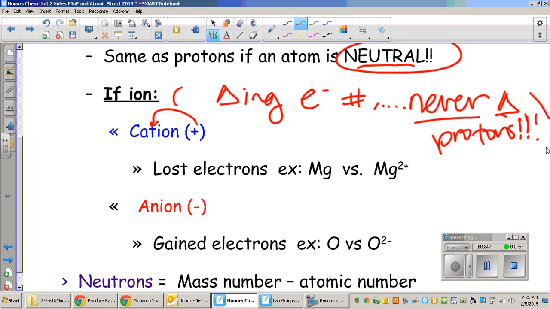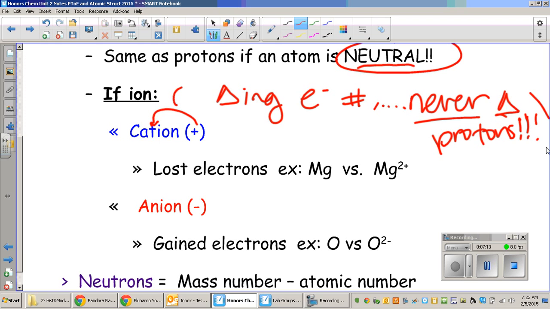You can never change protons, because if I say I have zinc and you told me zinc has 30 protons, and you go, oh, I just want to take one of those protons. You take one, we're down to 29 protons. We're no longer zinc. Who are we if we have 29 protons? Copper, right? We're backing it up on the periodic table. So if you change the number of protons, you have totally changed the identity of the element. Therefore, you are only allowed to touch electrons.